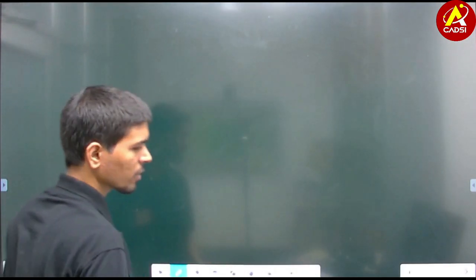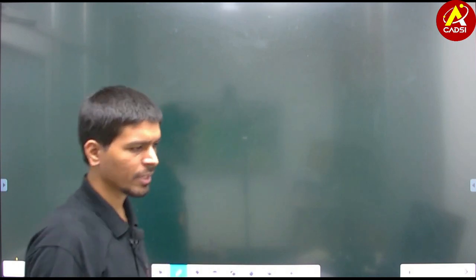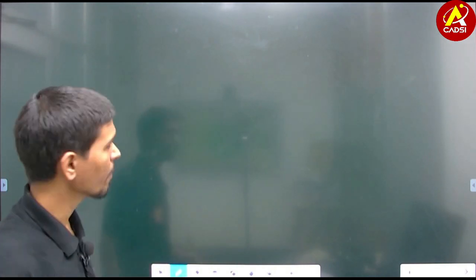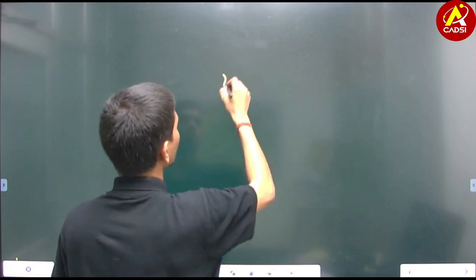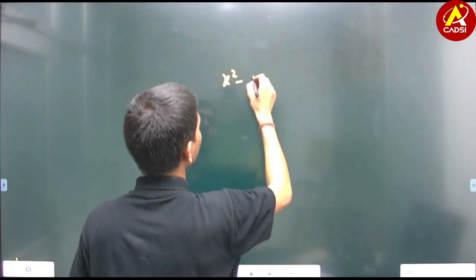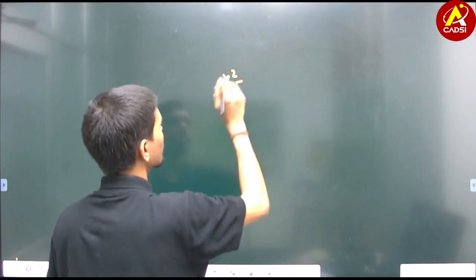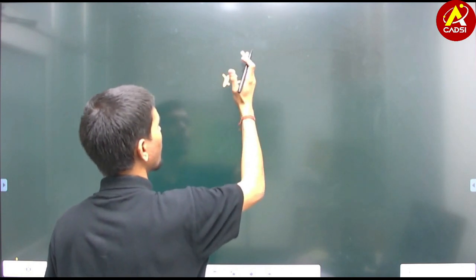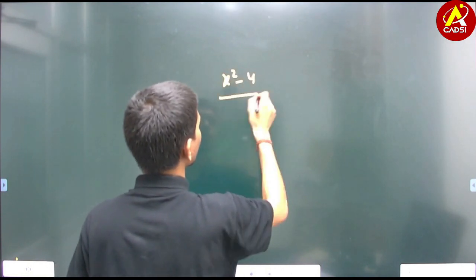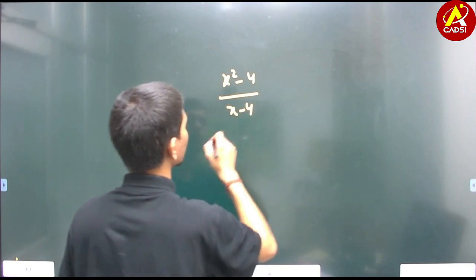All these questions are very simple in the concept of limit. Okay, now x square minus 16 upon x minus 4.